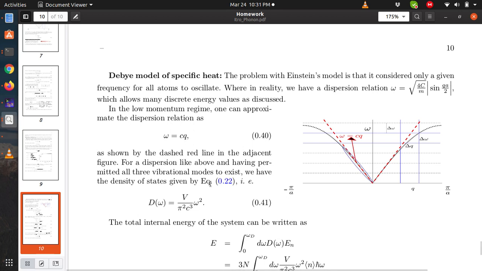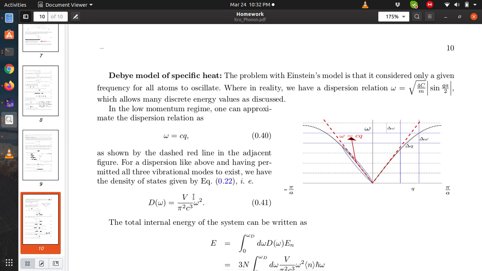Now you must have seen in equation 0.22, if you go to page number 7 in this PDF that I've sent you, there is a detailed calculation of the density of states as a function of energy, and it goes as energy squared.